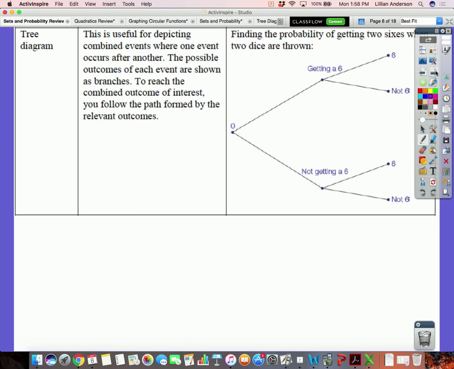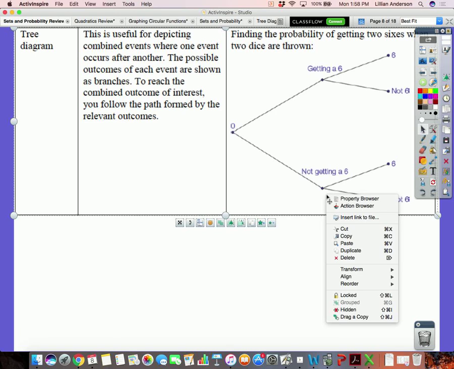Tree diagrams. We did a lot of work with tree diagrams last year, okay? So, prime example, say getting 2 6s when 2 dice are rolled, okay? So, the very first dot here, this one right here, this is like you rolling the very first die, here and here. And this is you rolling the second die.